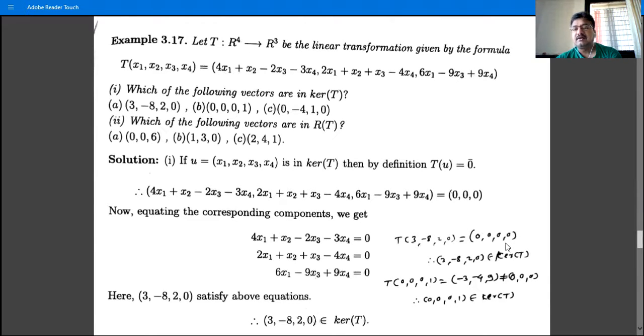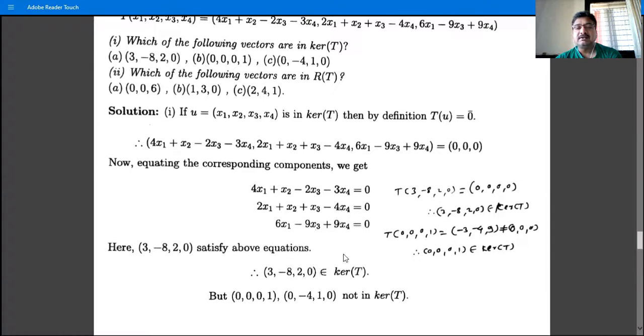Don't write it as a four-tuple; this is actually a three-tuple. This component is 0, this is 0, and this is 0. Therefore T of (3, -8, 2, 0) is 0 bar, that is, its image is 0, and therefore (3, -8, 2, 0) belongs to the kernel of T.